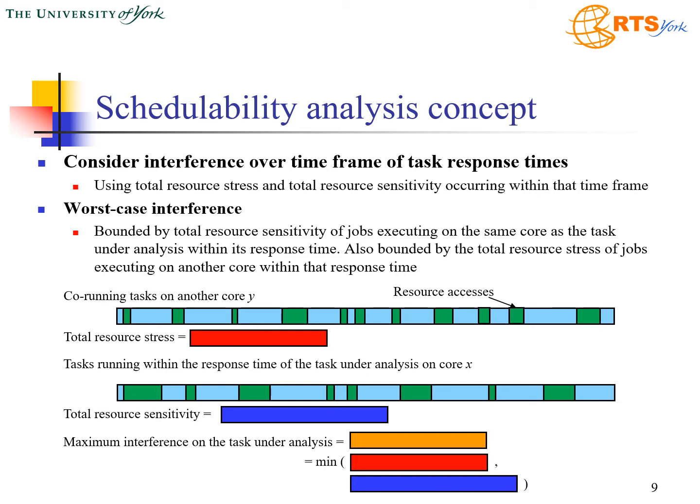On another core, we have some co-running tasks, and the red region is the total resource stress emanating from those tasks within the response time of the task under analysis. And here the maximum interference on the task under analysis that can occur within its response time is simply the minimum of the total resource stress and the total resource sensitivity.